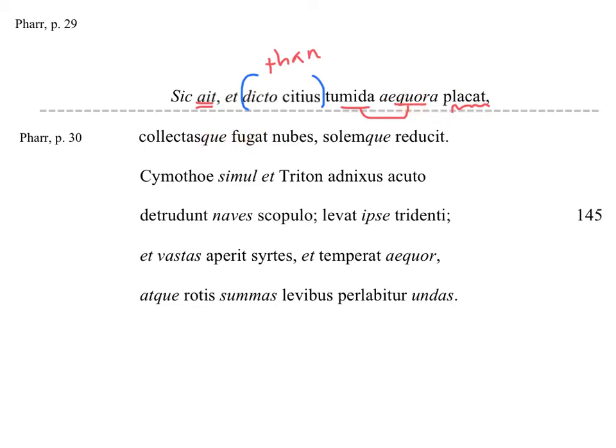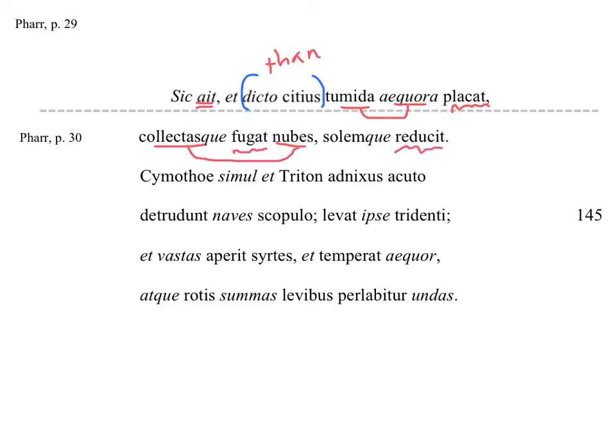And he fugat, and he puts to flight. Little clarification on fugat. Fugat is put to flight. You're making someone flee. Whereas fugit is when you're the one fleeing. Okay, fugit flees, fugat puts to flight. He puts to flight, this is Neptune, the collectas nubes, the collected clouds.